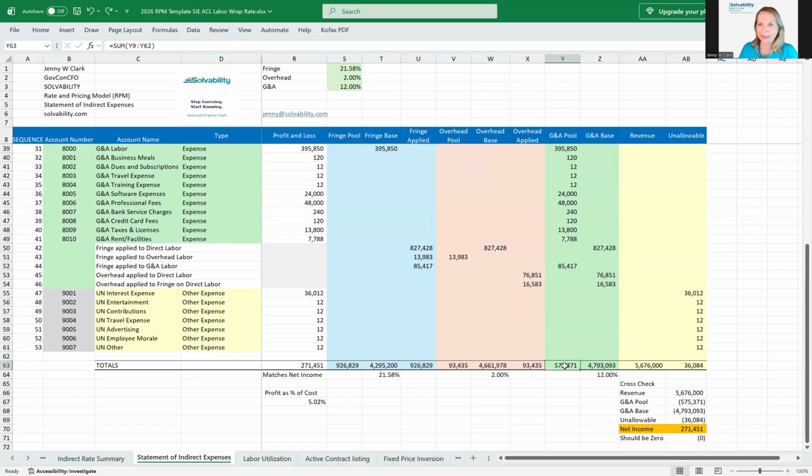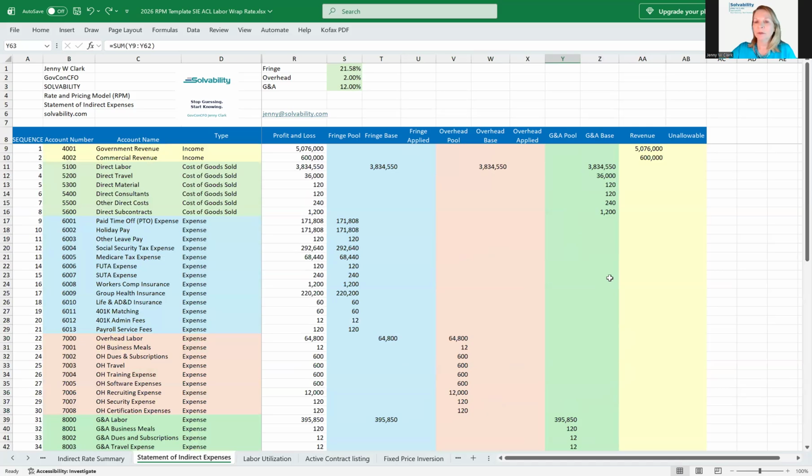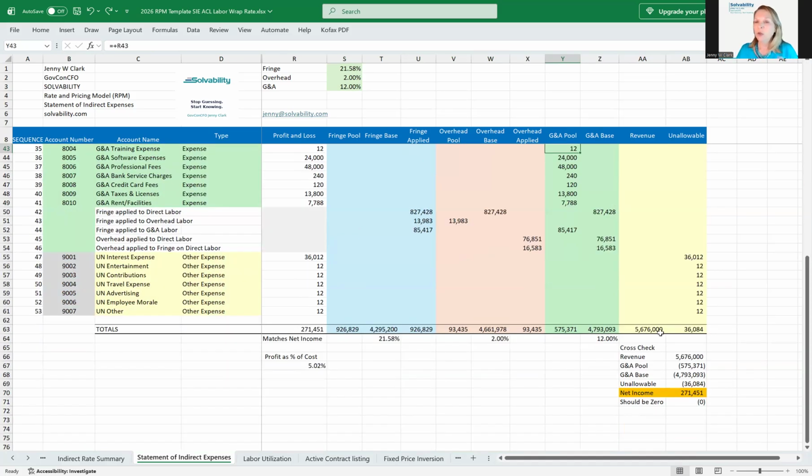My G&A base, which is direct labor, plus fringe on direct labor, plus overhead applied to direct labor, plus direct travel, direct material, direct subs, unless you have subcontract handling, material handling. That's in my G&A base. And they're all itemized in this G&A base column. My G&A is 12%. 575 divided by 4.8 million is 12%.